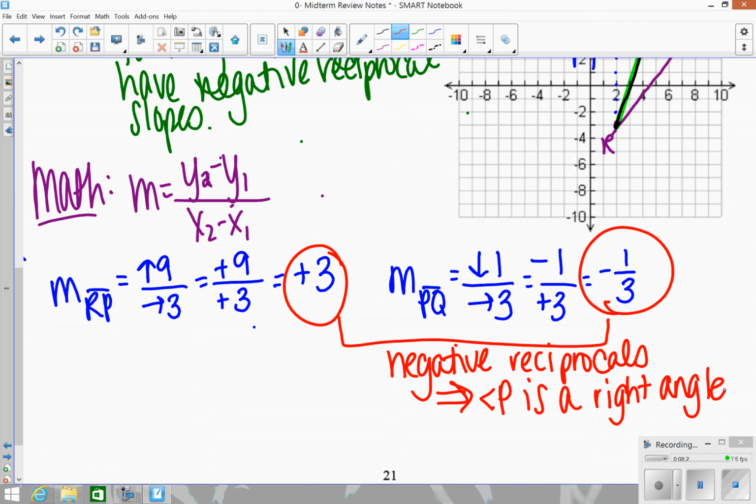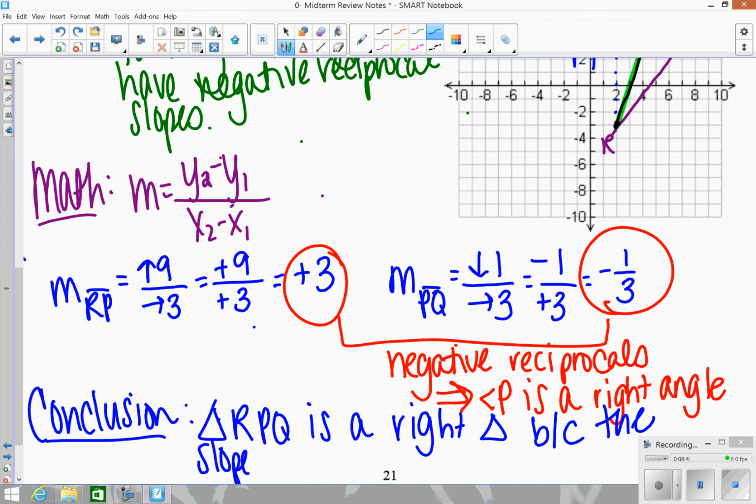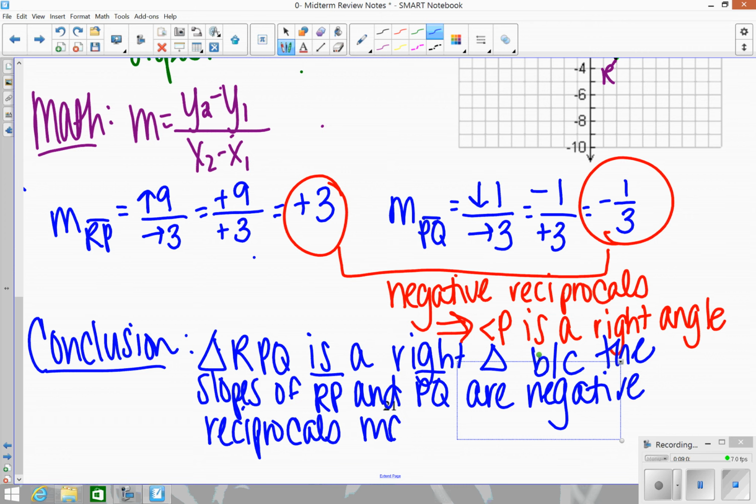So now I'm set to write my conclusion. So my conclusion for this, I can say triangle RPQ is a right triangle because the slopes of RP and PQ are negative reciprocals, making angle P a right angle.